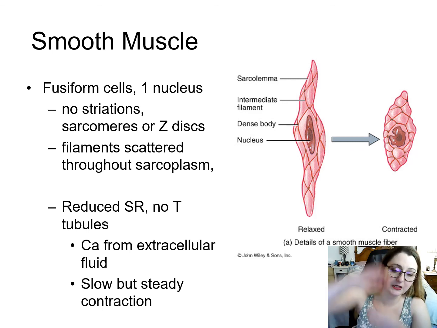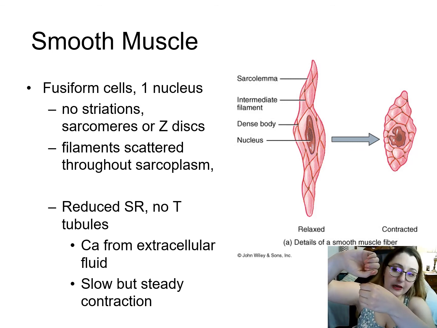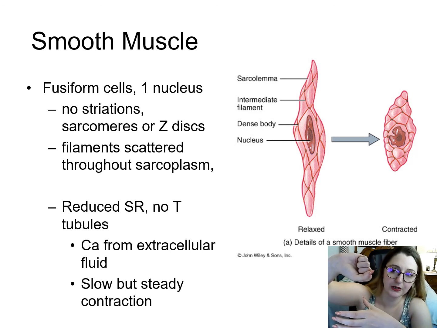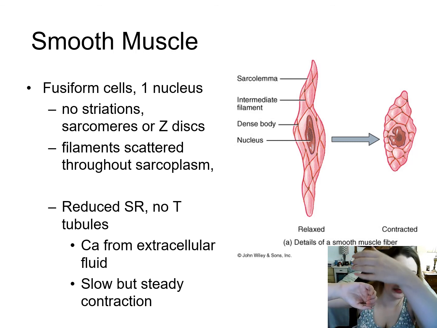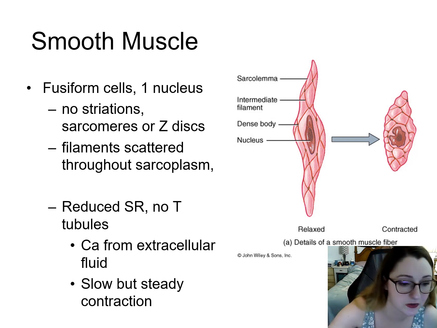If you pretend that my hands are making up a tube, it's going to be a contraction behind the bowl of food, and then a relaxation in front of the bowl of food. So then that food moves down, and then it just rinse and repeat. Contraction, relaxation, over and over until we've moved something through the digestive system.